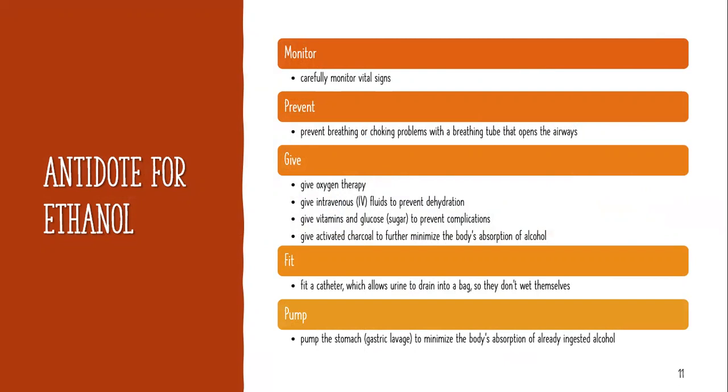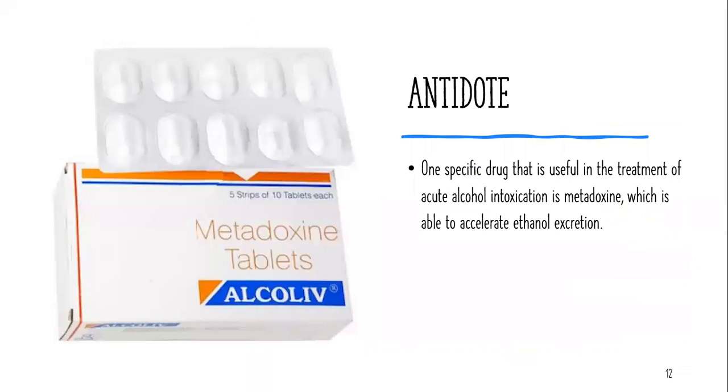They can also give activated charcoal to minimize the body's absorption of alcohol. They also may need to fit a catheter and carry out gastric lavage through pumping to minimize the absorption of ingested alcohol. A particular drug that is useful in acute ethanol intoxication is metadoxine, which accelerates ethanol excretion.